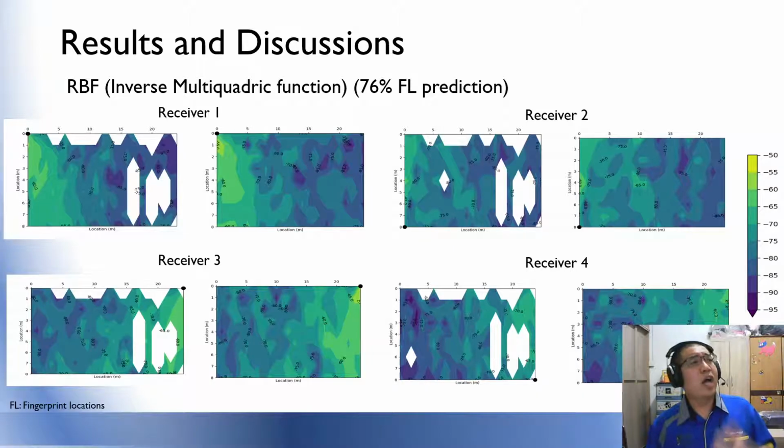We use the highest probability at each of the fingerprint locations to determine the RSSI value that represents the fingerprint location. Based on the radio maps in the slides, the RBF is not just able to predict the RSSI value at every single fingerprint location, but also covers all the fingerprint locations that have been blocked by the furniture and also the experimental hardware present in the environment.